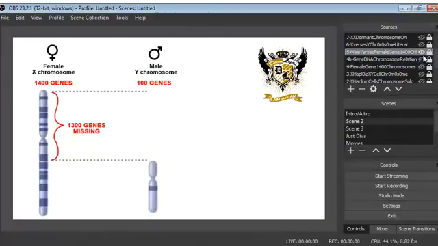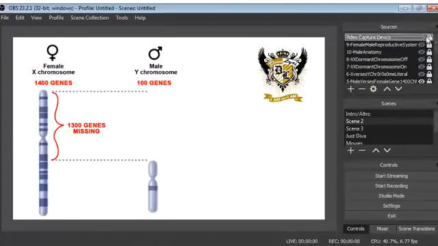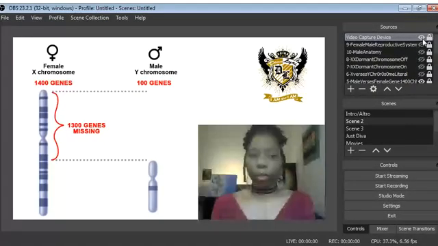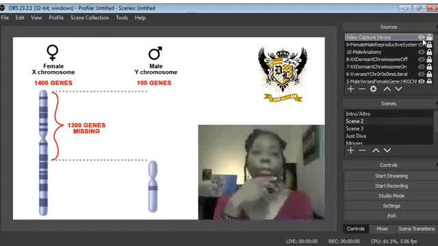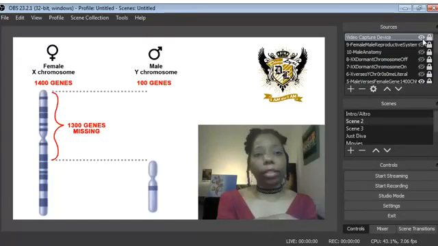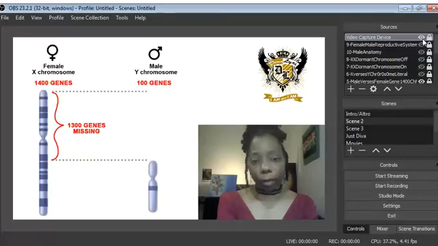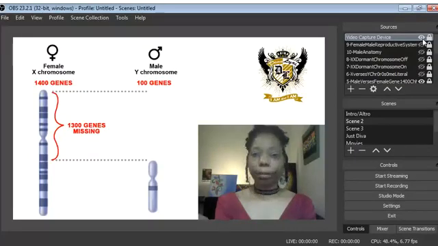Now here we go, we want to see the male, what the Y chromosome is, because we've heard about the X versus the Y chromosome. So when you look at this, the female chromosome has 1,400 genes in it. And then you have the male Y chromosome. It has 1,300 genes missing from it.